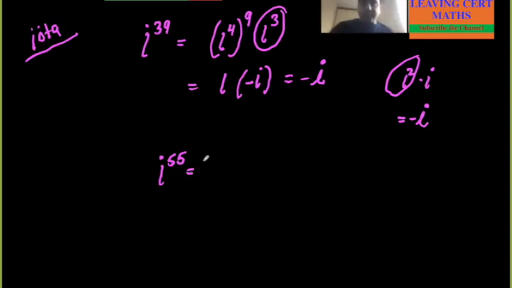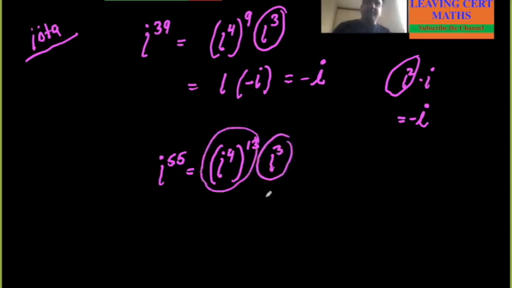Okay, let's figure out. Divide by 4, 4 times 13 is 52, so i to the power 4 to the 13, and you'll get 53, 54, 55, remainder 3, and this is i cube. So this is 1, and i cube is i square multiplied by i. So i square is minus 1 multiplied by i. It's minus i. You got it?